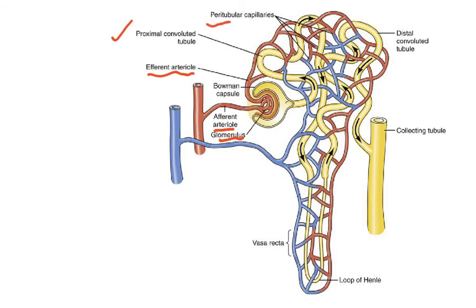You can see the peritubular capillaries, and then we have the loop of Henle, and you have the vasa recta surrounding it, and then we have the distal convoluted tubule, and of course this is the main tube which is going to carry the urine into the ureter and be carried to the bladder.